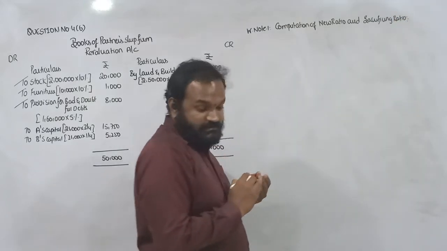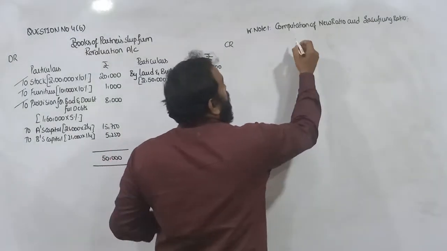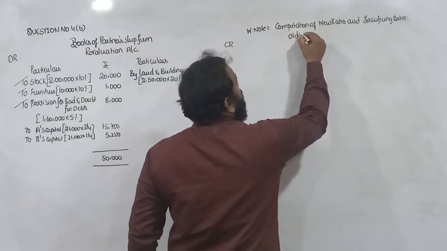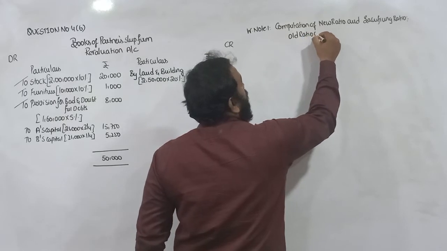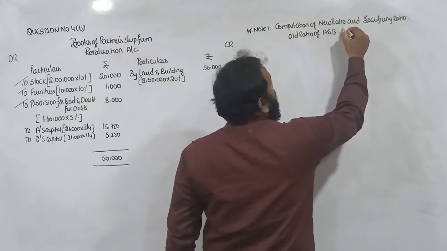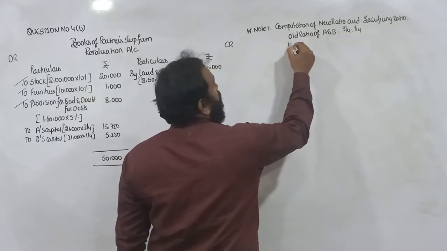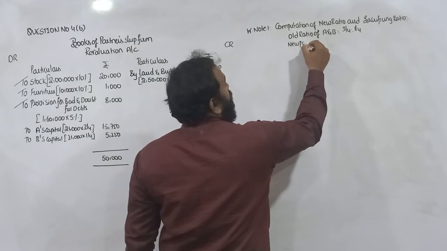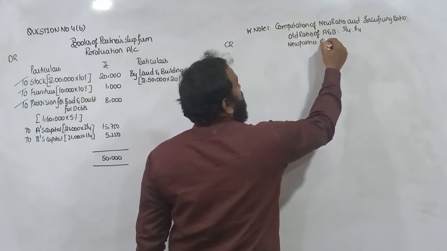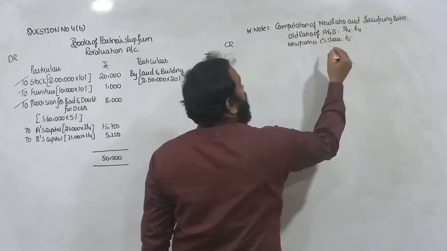Okay, now what is the old ratio between A and B? Old ratio of A and B, 3 by 4 is to 1 by 4. New partner C's share 1 by 5.